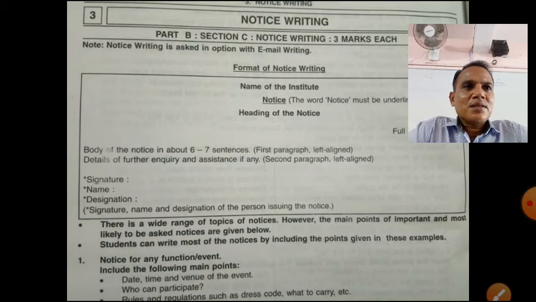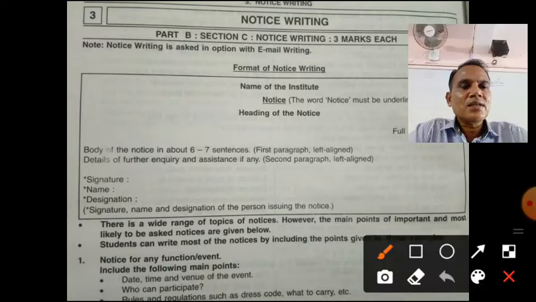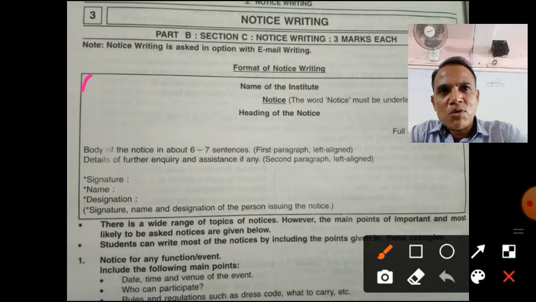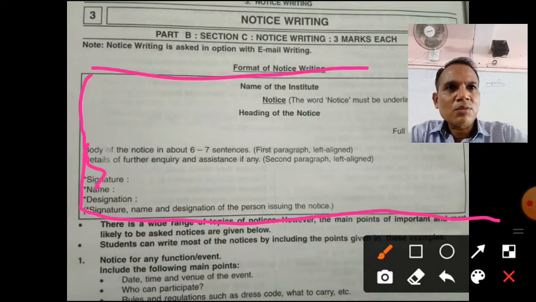So here the proper format is given. This is the question which is written in the box. Just see here, a box is made. This is called a box.